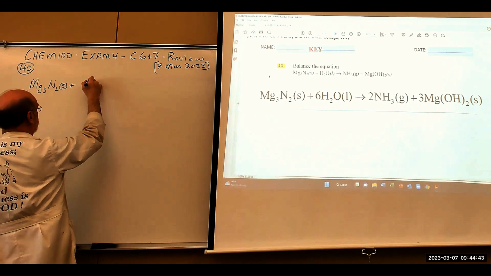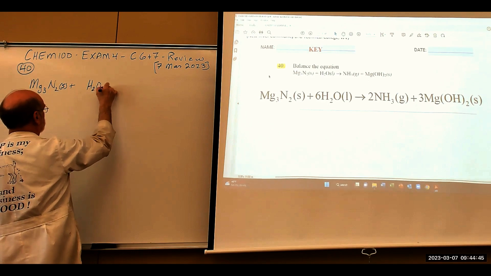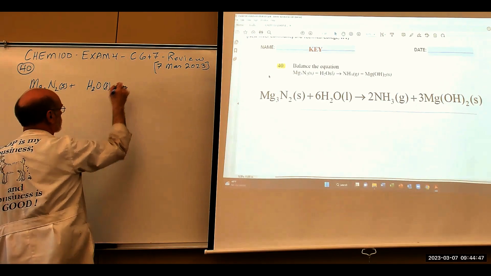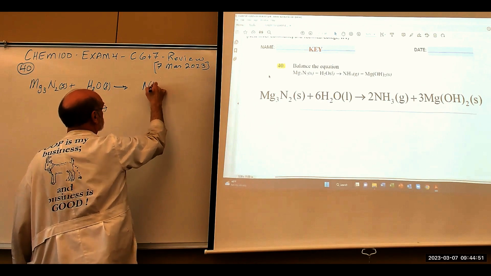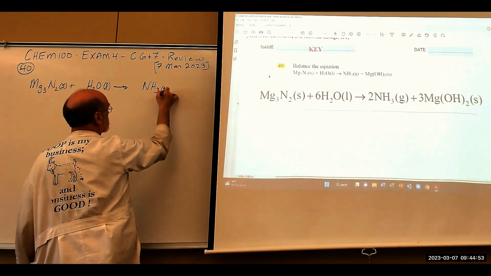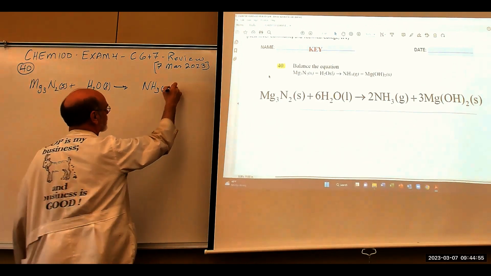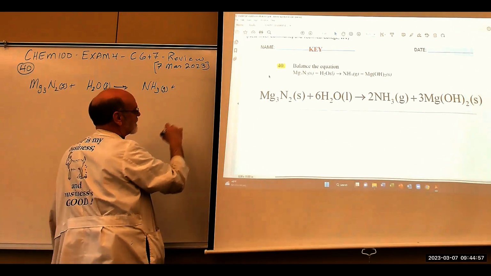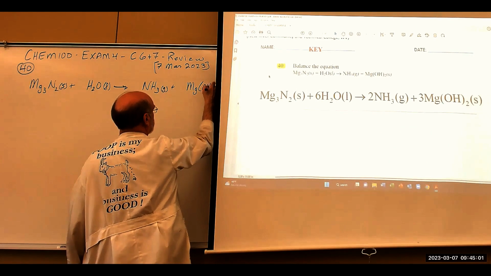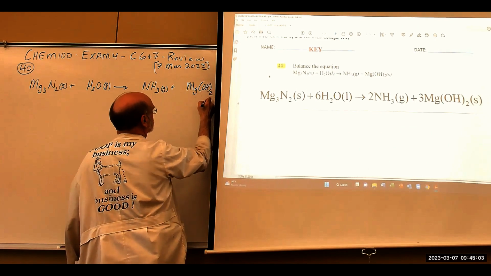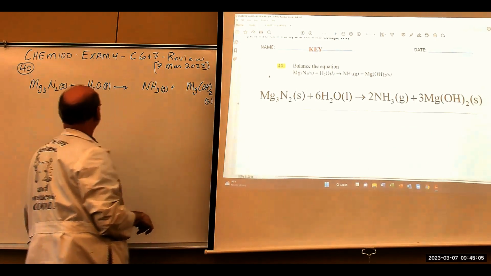And of course, this is water, pure liquid. Then this one, I don't know if you recognize it, this is ammonia. And then the final one is magnesium hydroxide, solid. Okay.